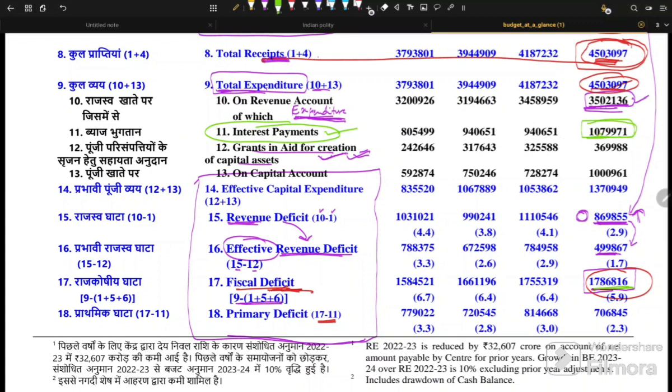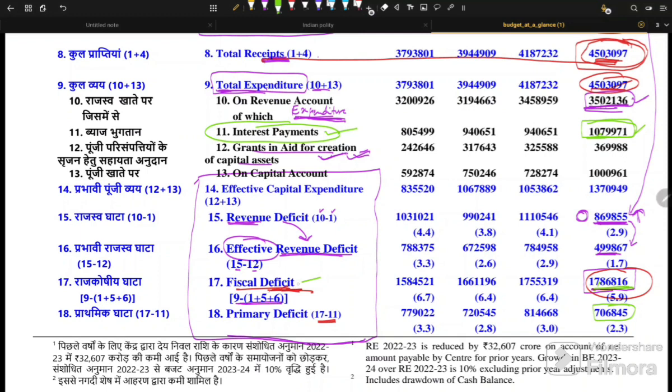See, this fiscal deficit is 17 lakh. If we subtract these two, we get a primary deficit of 7 lakh something. It means in this fiscal deficit, the major part is going just for the interest payment. It means it is not creating any asset.